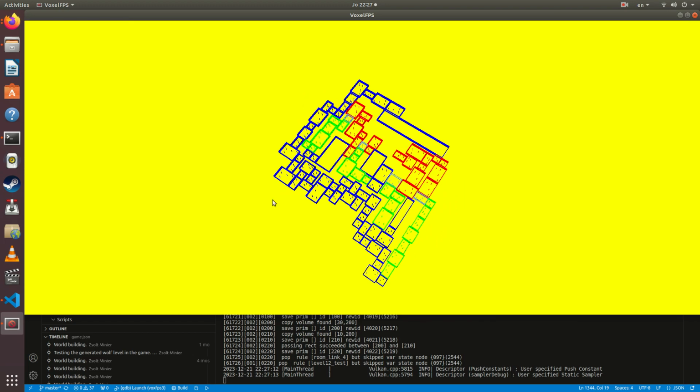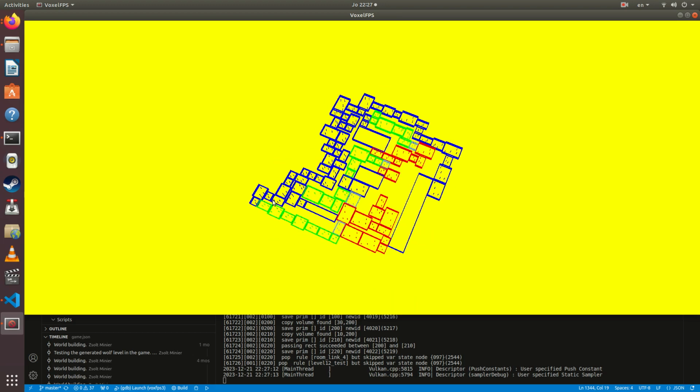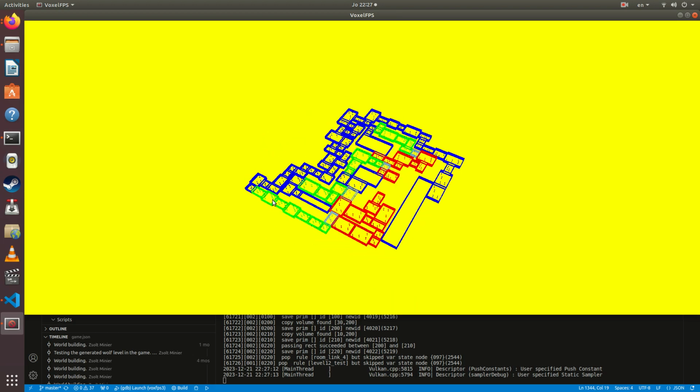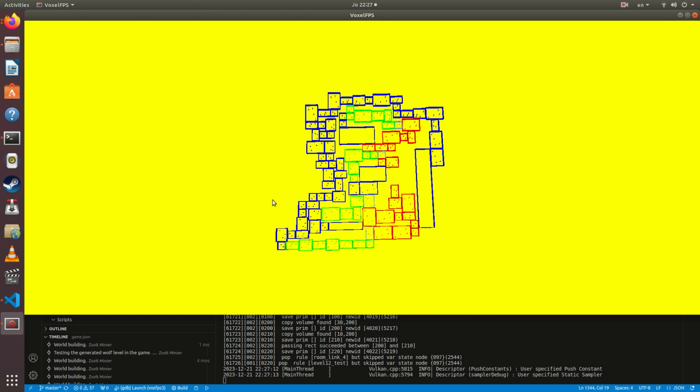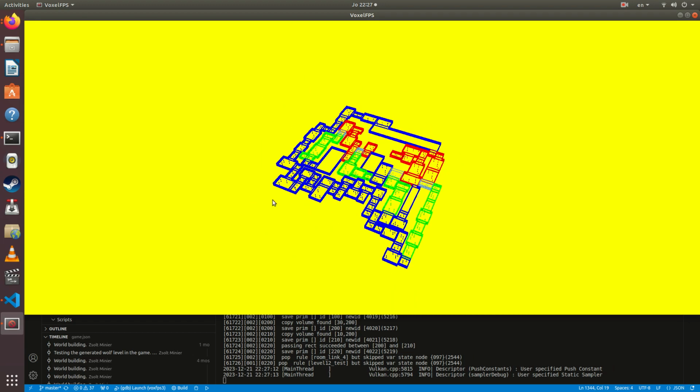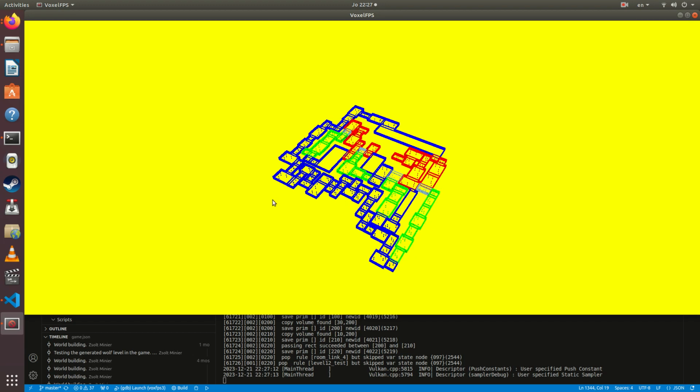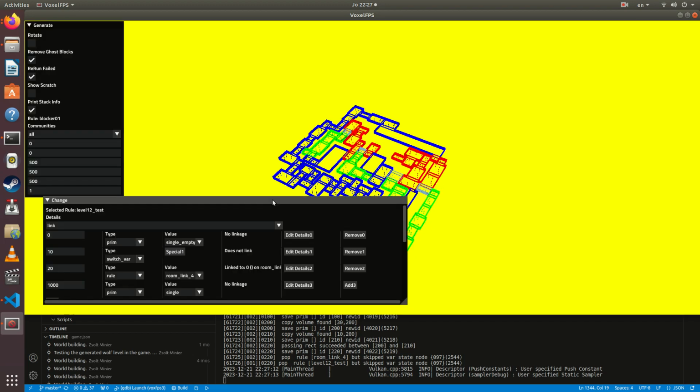So I decided to go back to a first-person shooter, and my first big plan was to generate some levels similar to what Wolfenstein 3D can do.